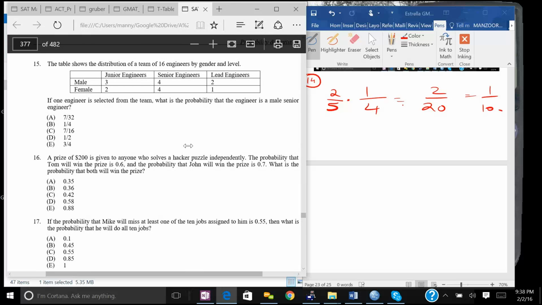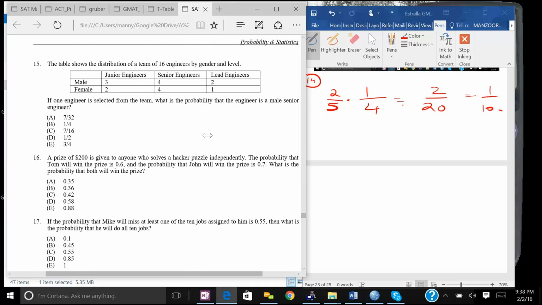Should I help? Okay. Look, they're asking for what is the probability that the engineer is a male senior engineer? So how many male seniors do you have? 4, right?